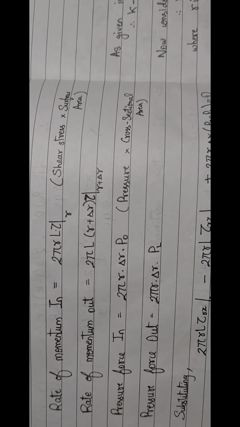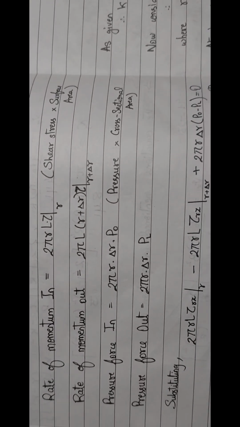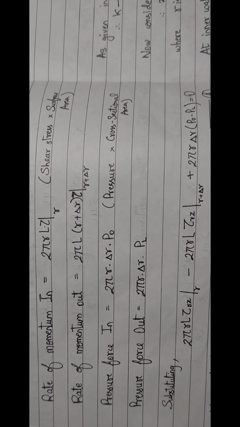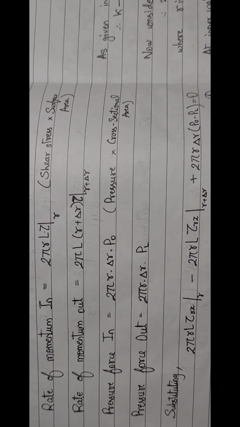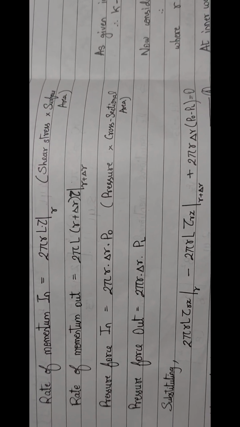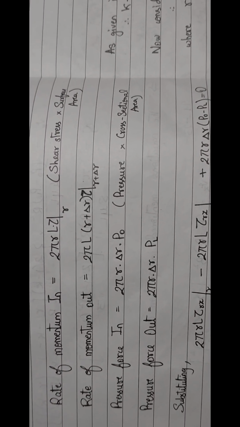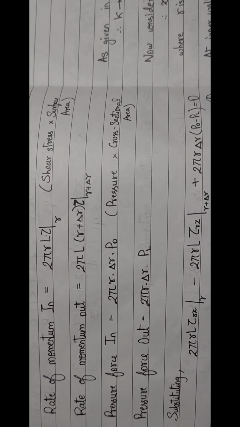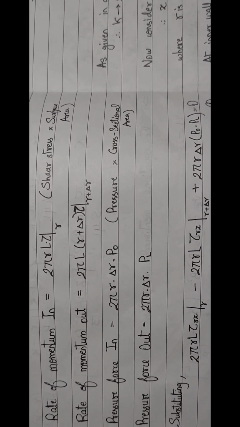This comes from shear stress times surface area. Rate of momentum out is equal to 2 pi L into r plus delta r into tau rz, similar to the earlier one, momentum in z direction at the place r plus delta r.